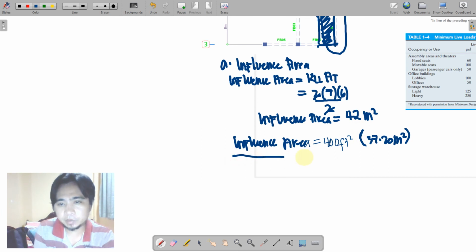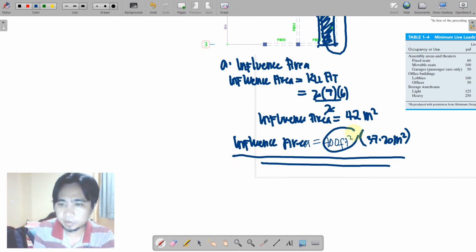An area which is less than this value, whether 400 square foot or 37.2 square meter, means we cannot reduce the live load. Another criterion is that the load should be less than a certain value.